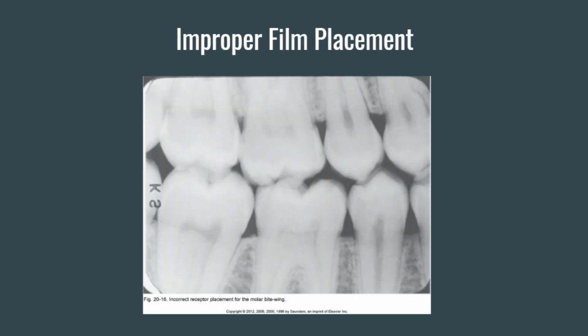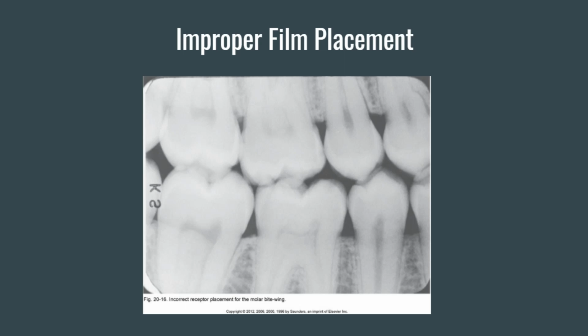Another improper film placement, this is for a molar bite wing. So similar as the previous film, that third molar is cut off of this film, so it's improper placement. Your bite wings, you want to capture all of the molars on them as well.